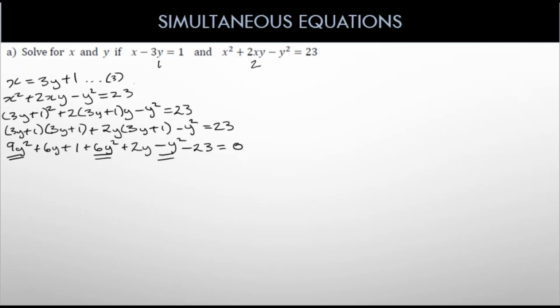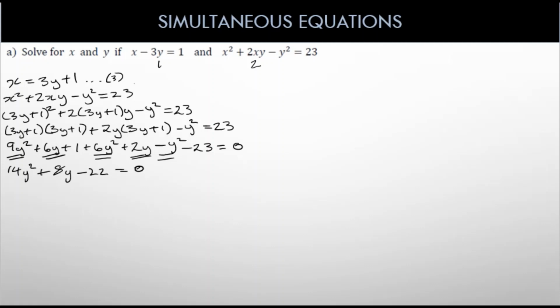So I have 14y squared plus, because I have 6y and 2y, I'll have an 8y. And then if I add 1 and negative 23, I'll have negative 22 is equal to 0.